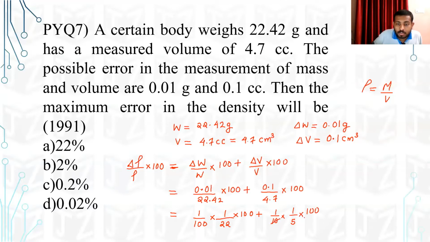Therefore the 10 and 10 cancel, and 100 and 100 cancel, and I will get 2 plus 1 by 22.